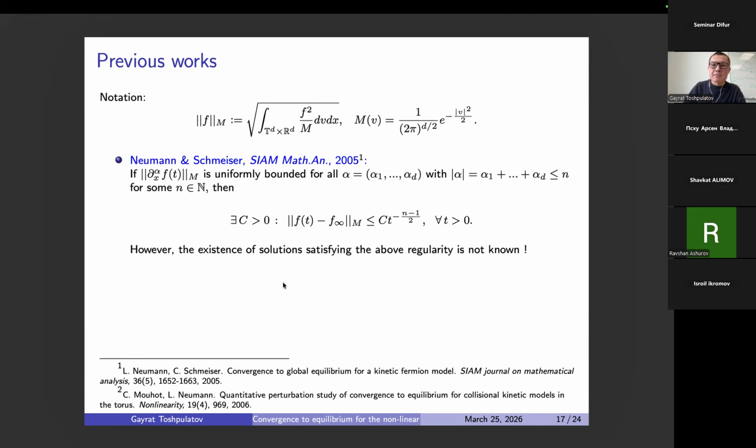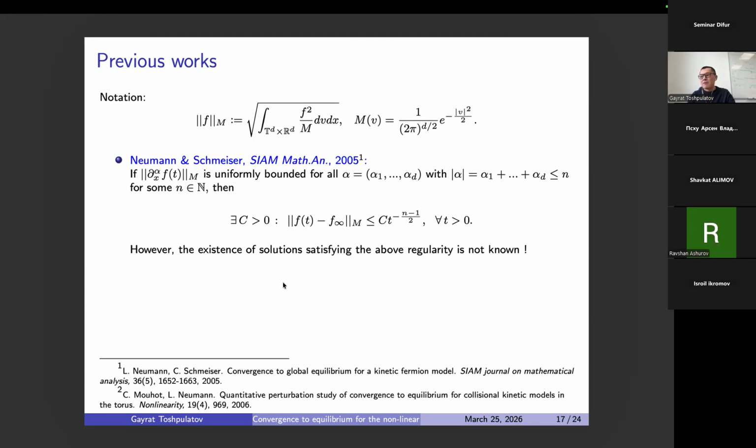This regularity is an assumption about the boundedness of the solution. Till now, it's not known whether these solutions exist or not.